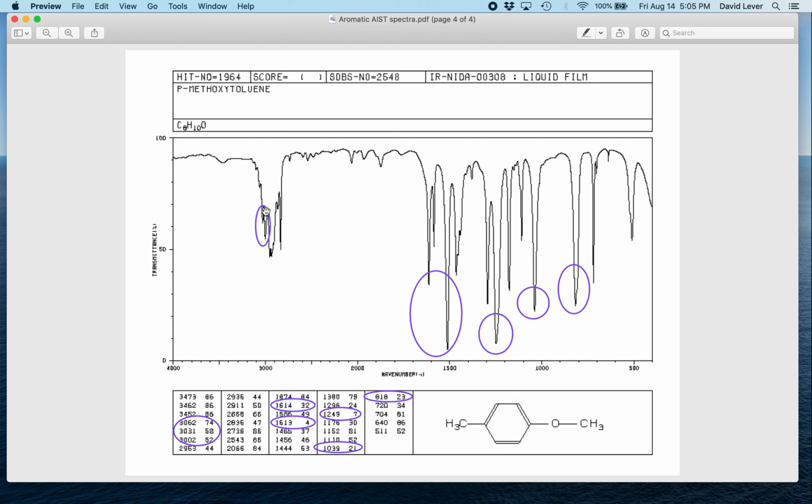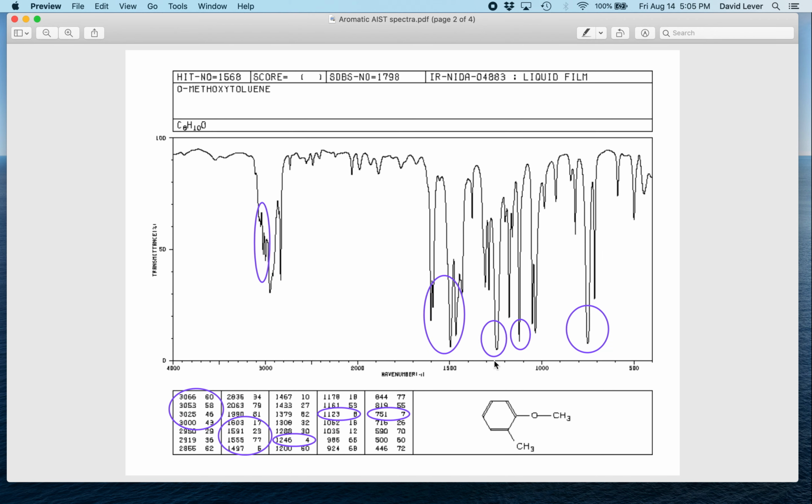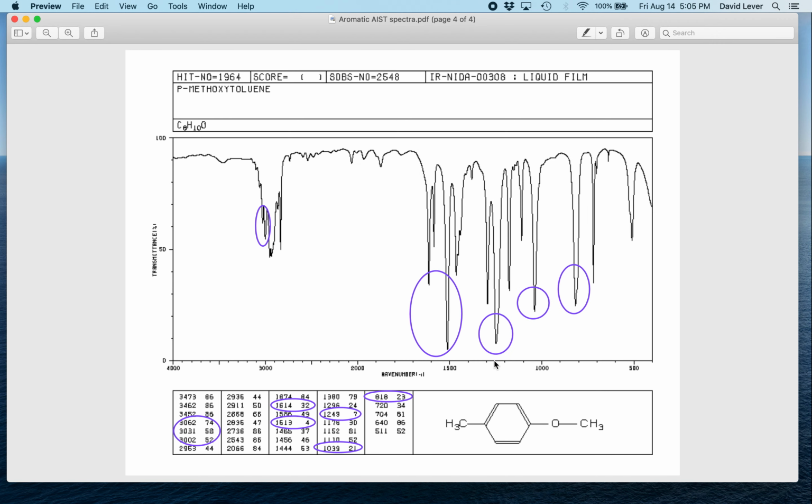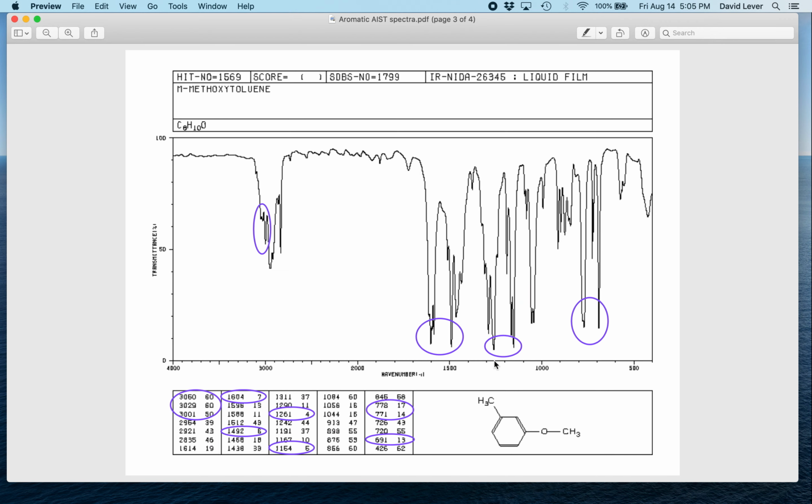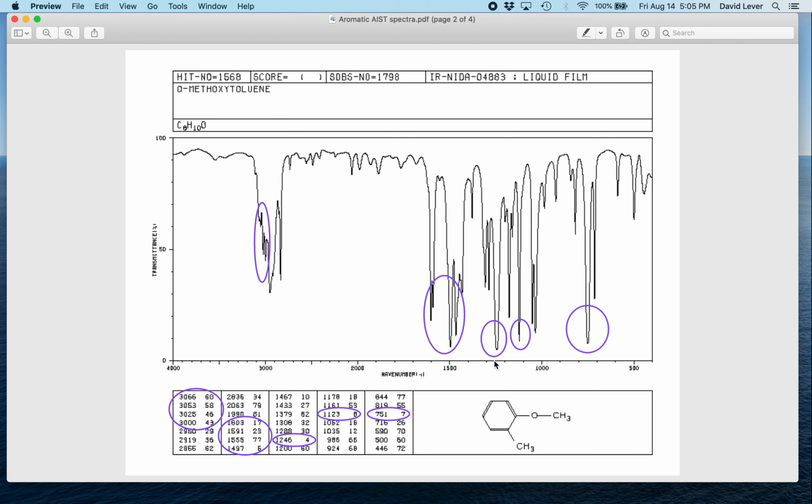Standard, the rest of it, sp2 carbon hydrogen stretches, ring breathing at 1500 and 1600, and then the sp3 and sp2 carbon oxygen stretches in that 1000 to 1200, 1250 range that we would normally expect to see for an ether. So you see the ether peaks don't move around that much, but the pattern in this region in the 700 and 800 range changes.